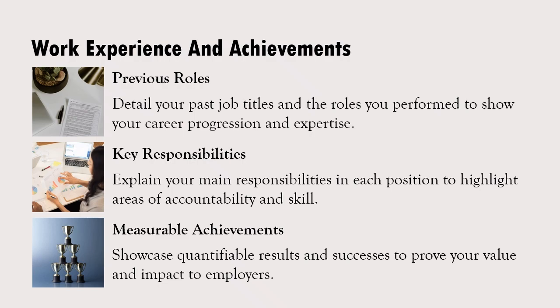So this is very important. So previous role, that is the work experience, then responsibilities you have taken in the previous roles, as well as what are the measurable achievements you got to prove your value, or what you can add to the team and what you can bring to the table. This is what an employer looks at whenever he is going through your resume.